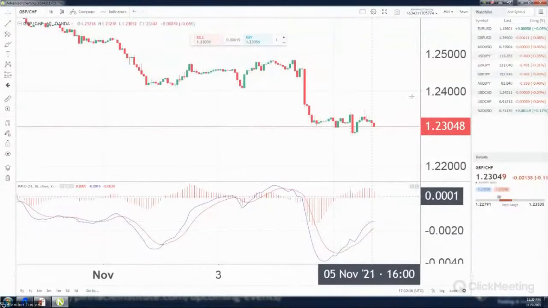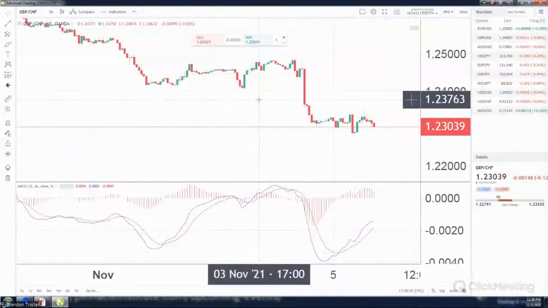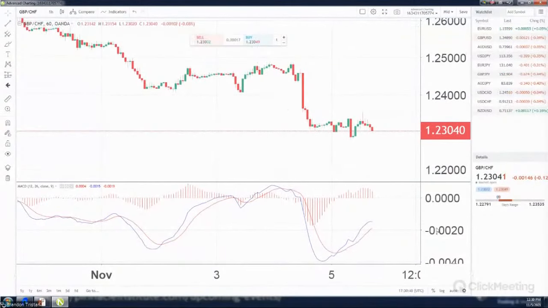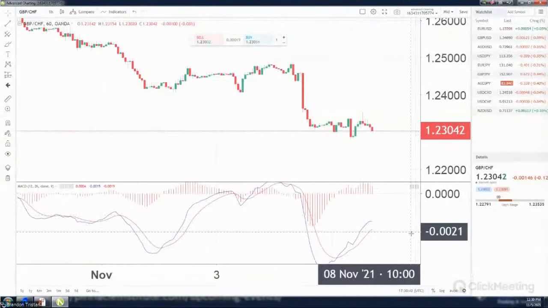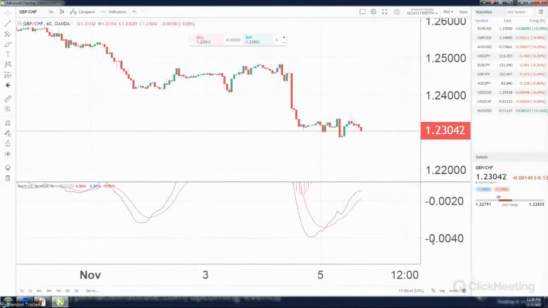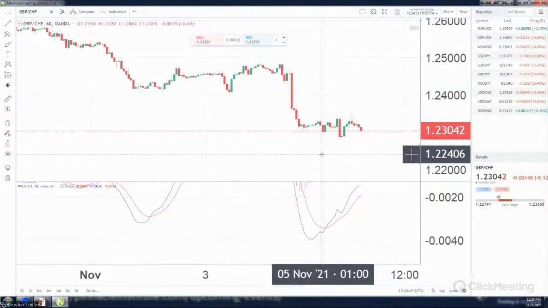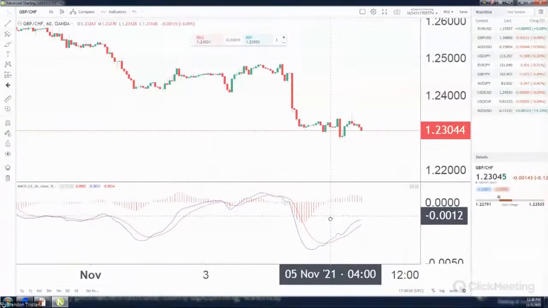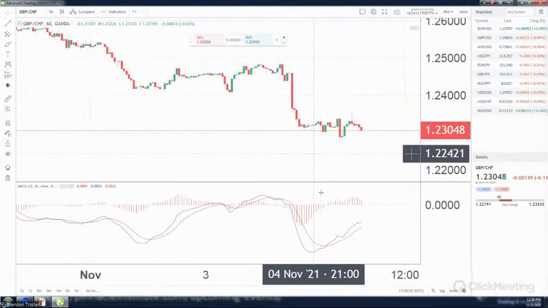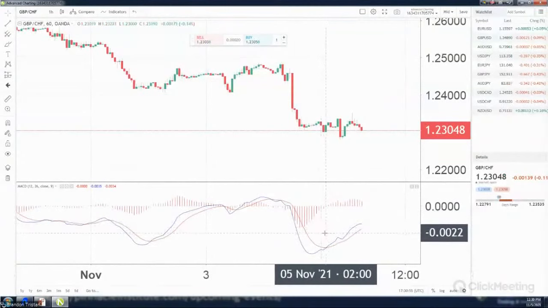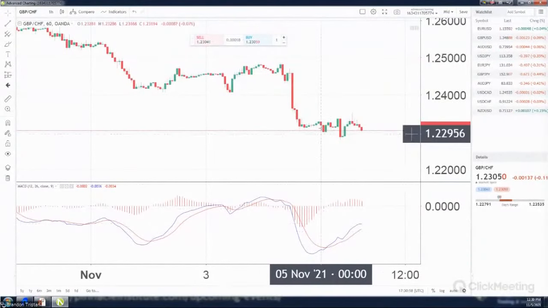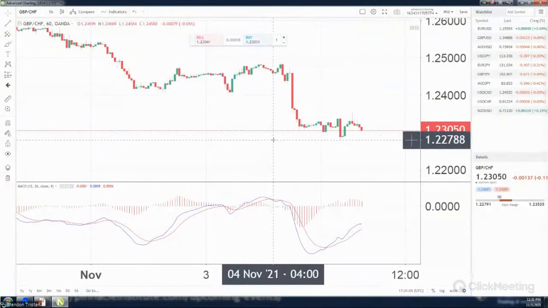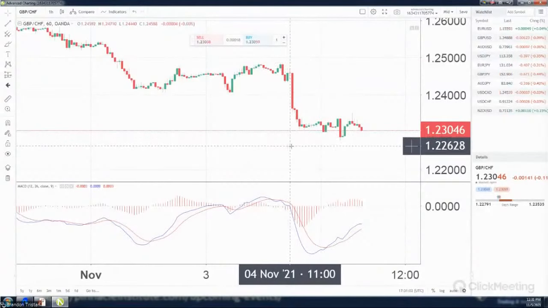Okay. So here's Pound Swiss again. We're looking at MACD. All right. So it's telling us right here on the cross, if y'all use MACD right here. So pretty much when it crosses here, we got the cross here on the short, I believe.